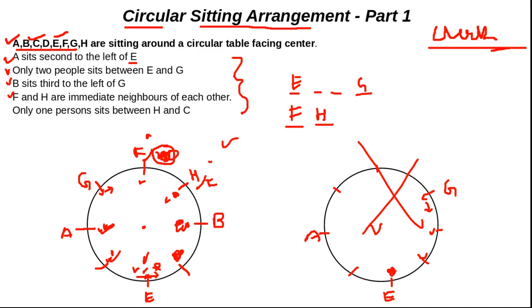So F is fixed here, and if F is fixed here, we get H fixed here. H is seated here. If we go towards the right of H, C cannot sit here because G is already seated here. So we have to go towards the left of H. If we go one place towards the left of H, C can be seated here.